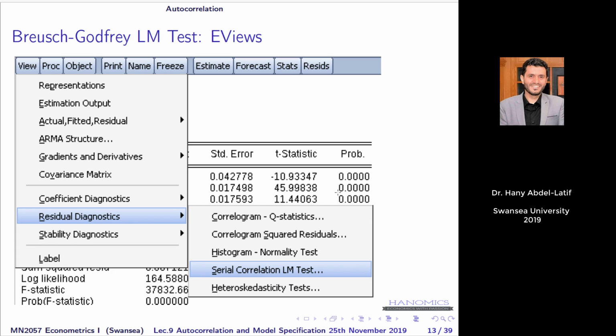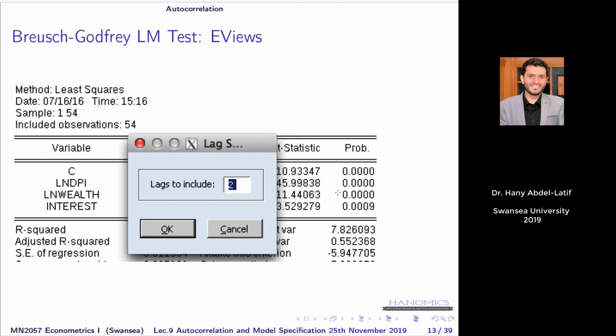Anyway, so you estimate the model, you go to the View menu, Residual Diagnostics, and then you'll see Serial Correlation LM Test. With the Durbin-Watson test, it's given already. Once you estimate the model, you have the Durbin-Watson statistic in your regression output, as we saw before. But this one, you need to do it. When you do that, it asks you how many lags to include.